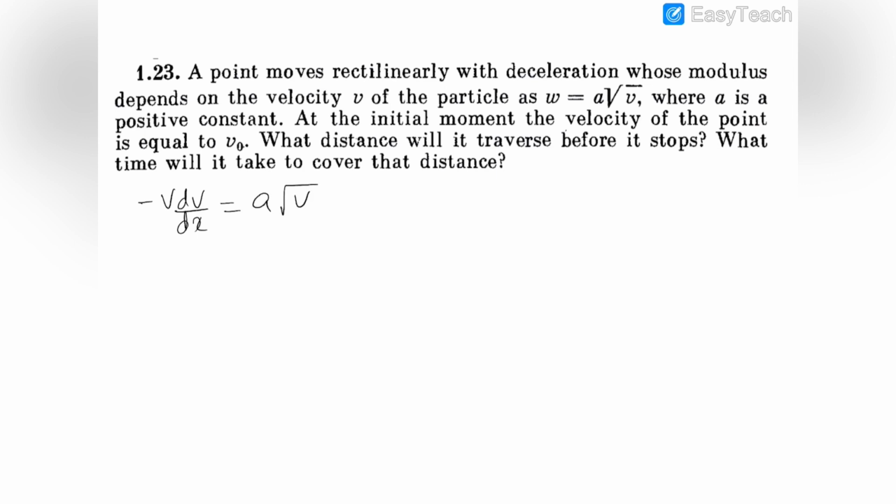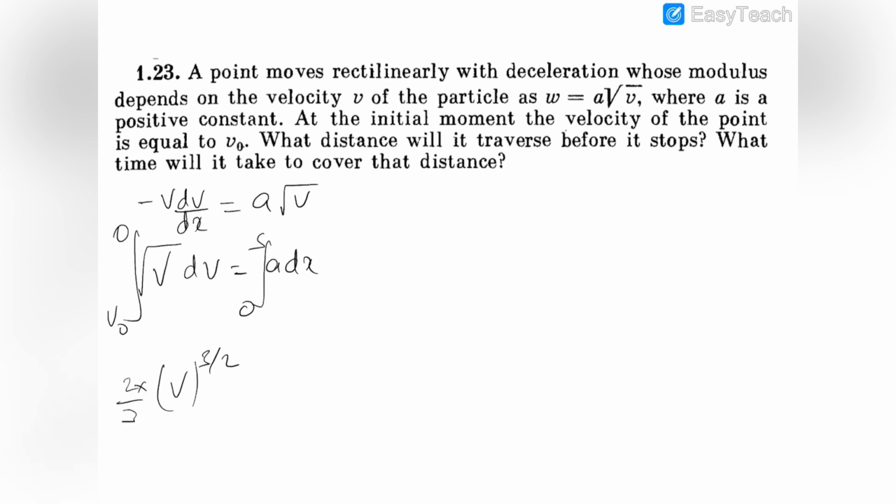So you can see that root of v dv is equal to a dx, integration, and the limits would be from v0 to 0 and 0 to s. So the integration of this term would be v to the power 3 by 2 into 2 by 3, and here it would be as.